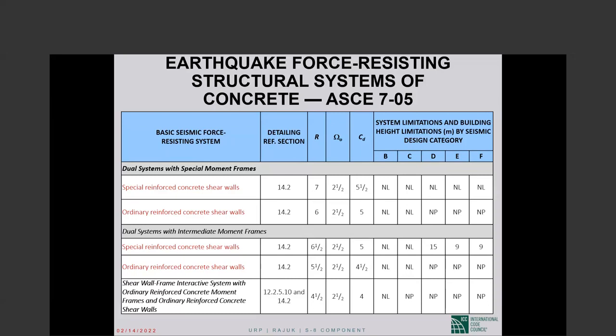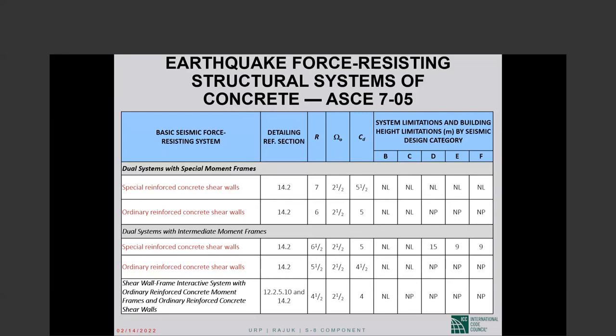What was the question? How do you calculate that columns can take 25% of the shear? You don't calculate that. You do this second analysis, and that gives you the basis for the design of the columns in the lower levels of your building.